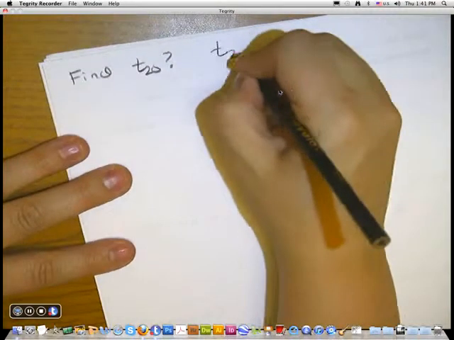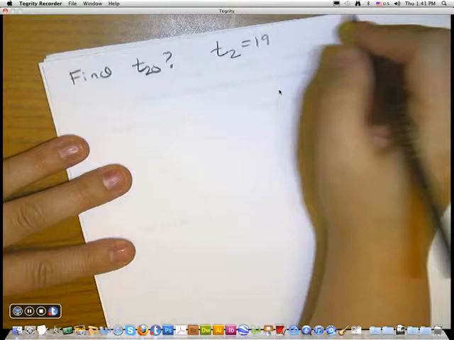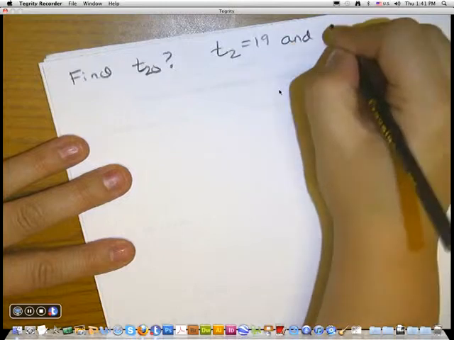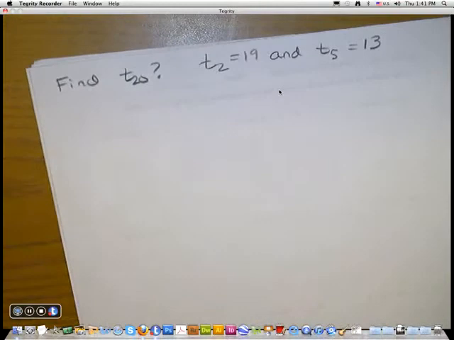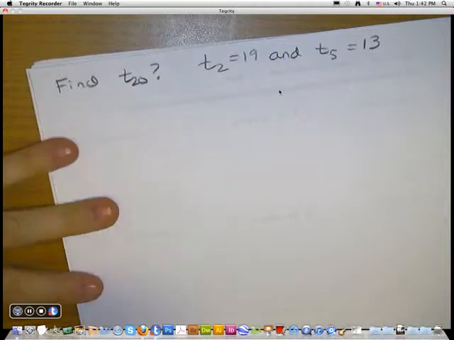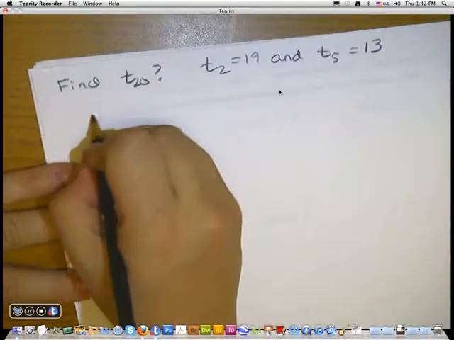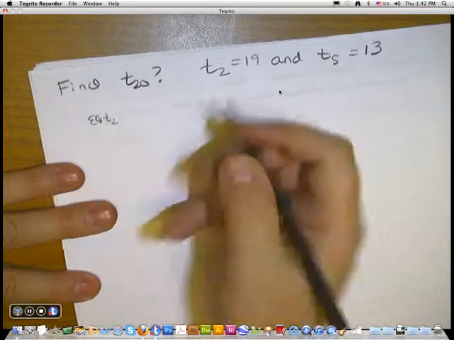If you know the second term is 19 and the 5th term is 13. So pause your video and try it and then come back. Alright, the first thing you should have done is set up your two equations. So we're going to set up the equation for our second term.